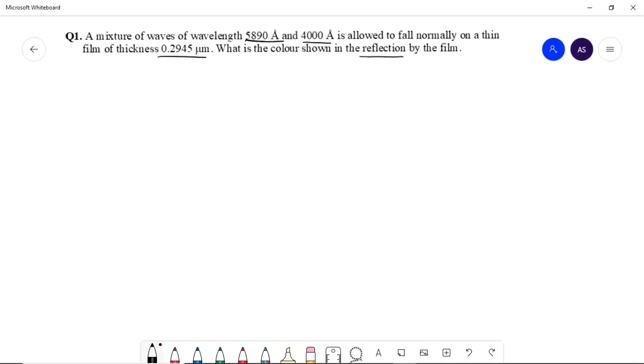The condition for constructive interference in reflected light, all of you know very well, is 2 mu t cos r is equal to (2n plus 1) lambda by 2.